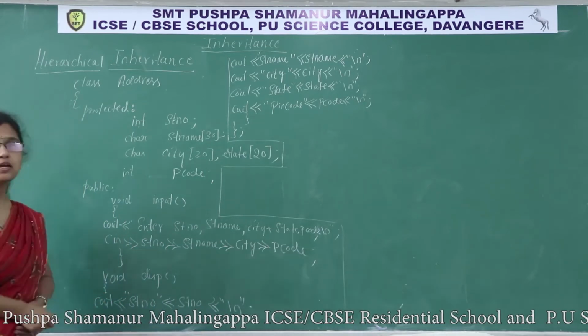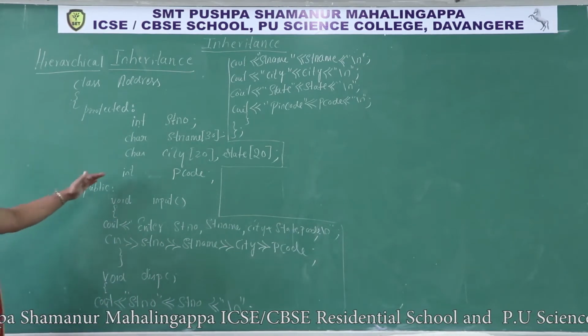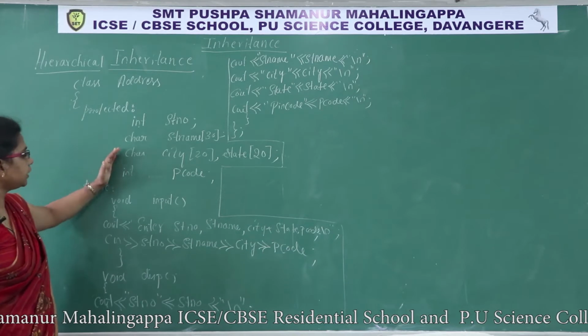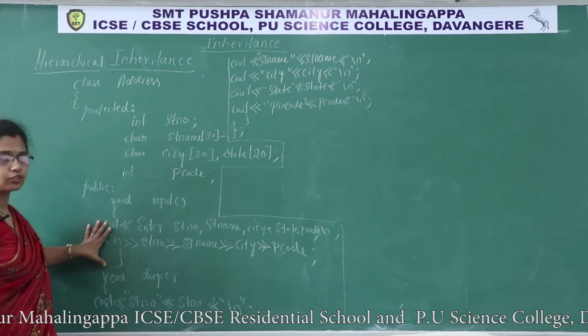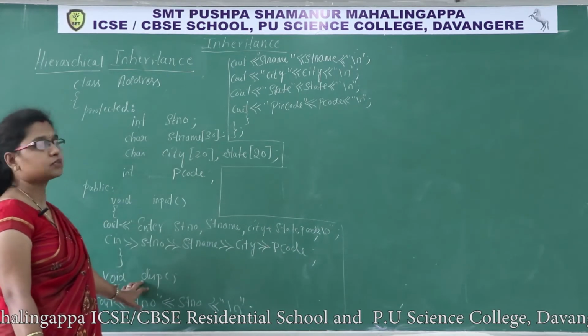This class address is a base class. It contains these many data members. To read these data members, I have taken an input function, and for display purposes, I have taken a disp function.